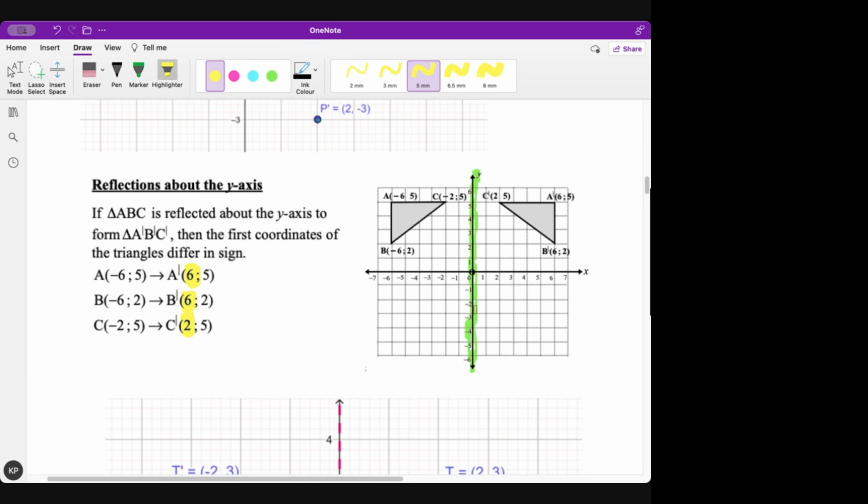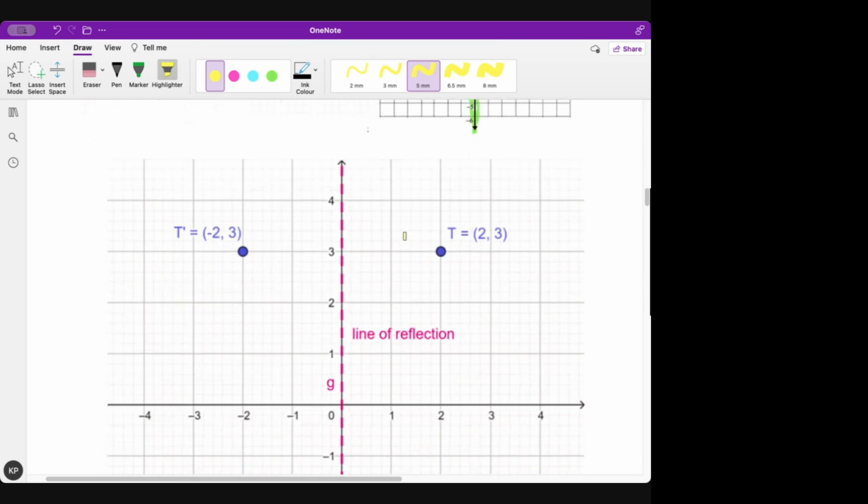If you change both of them, that is a different type of transformation, which is not what we are doing here. Again, our line of reflection is the y-axis, same distance away from the line of reflection, 1, 2 units, 1, 2 units. That would be T and T prime.